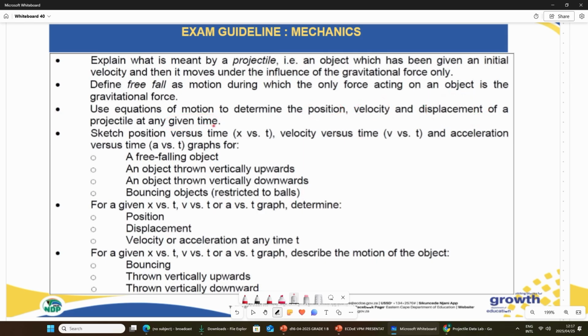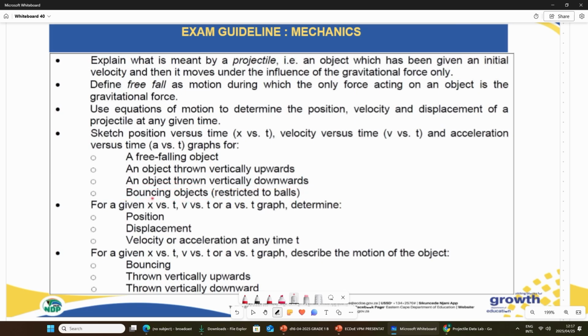We must also be able to sketch a position versus time graph, a velocity versus time graph, and an acceleration versus time graph for a free falling object, an object thrown vertically upwards, an object thrown vertically downwards, and also for a bouncing object.